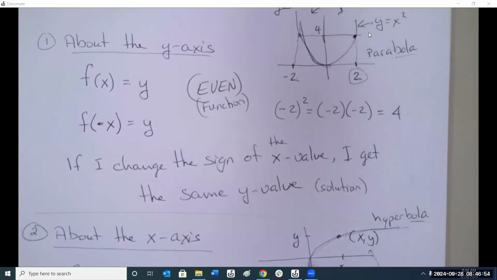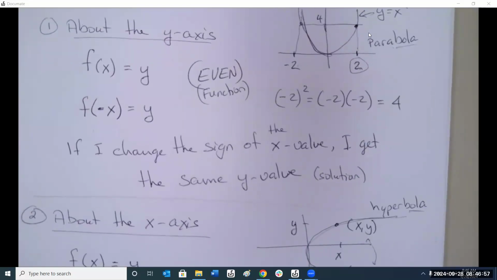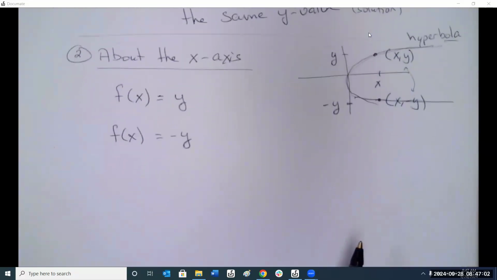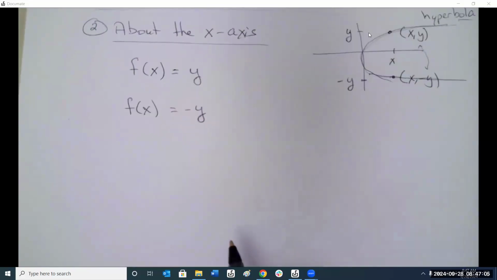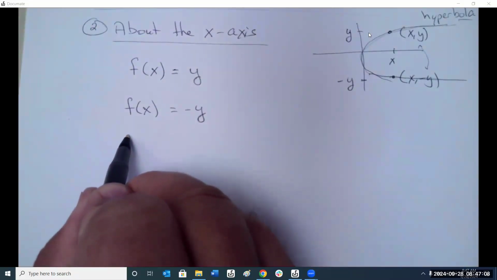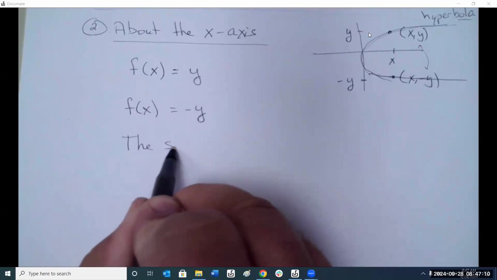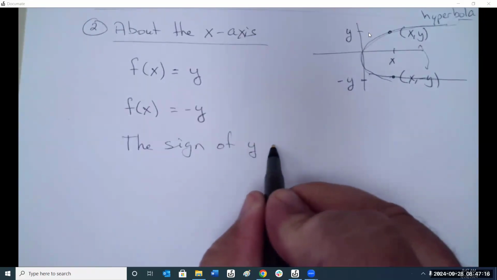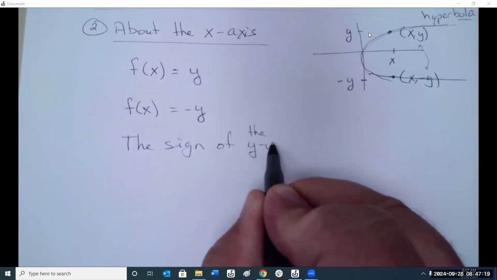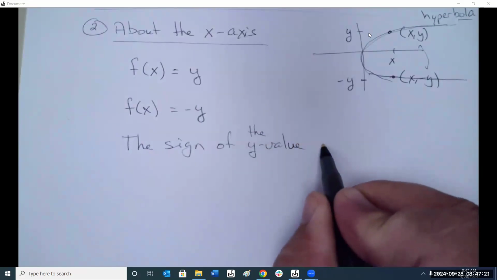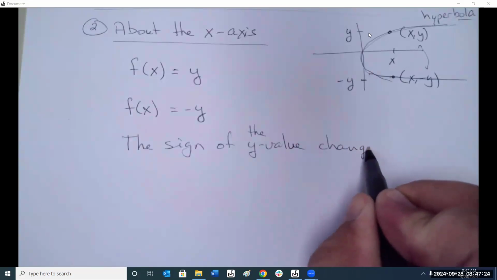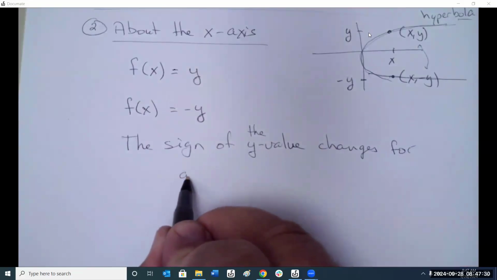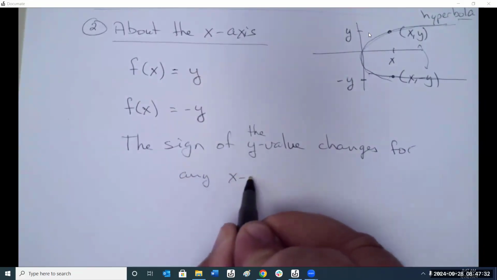Parabola goes up, hyperbola goes to a side, depending on what the values of x and y are. So here, the sign of the y value changes for any x value.